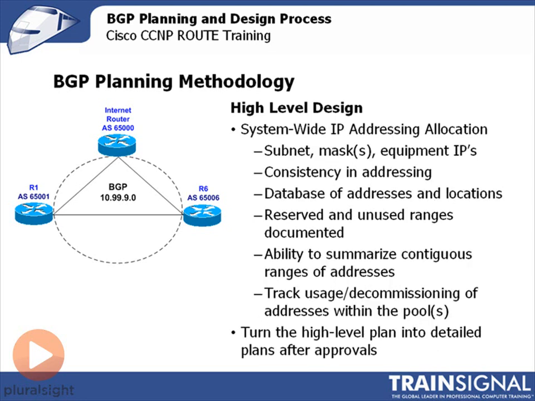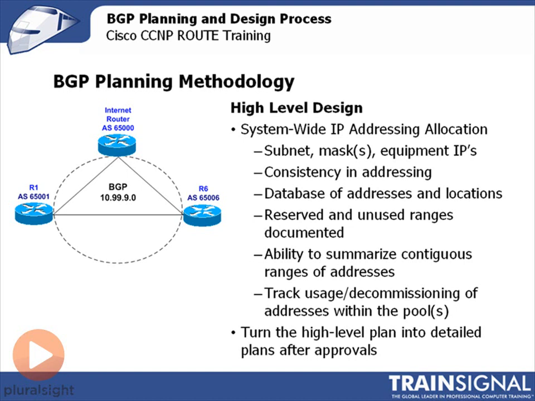Make sure you have a very coherent IP addressing plan and that it's documented. Make sure you use consistent addressing, consistent masks, and things of that nature. For instance, a /30 for serial links, a /24 for offices, and so forth. Reserve whatever ranges you may have for different purposes.